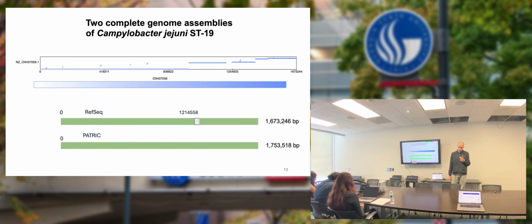The first example is a real example of 2 genomes, 2 complete assemblies of this species. They come from real bacterial reference databases, RefSeq and Patrick. And another example is artificial. The artificial example I made myself.